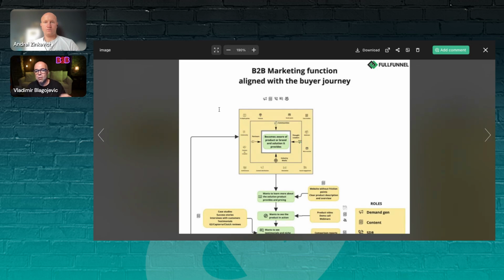Maybe if I look at the past, I see that we were winning enterprise deals with very nice annual contract value, but it took us like 300 days, let's say, as the average sales cycle.